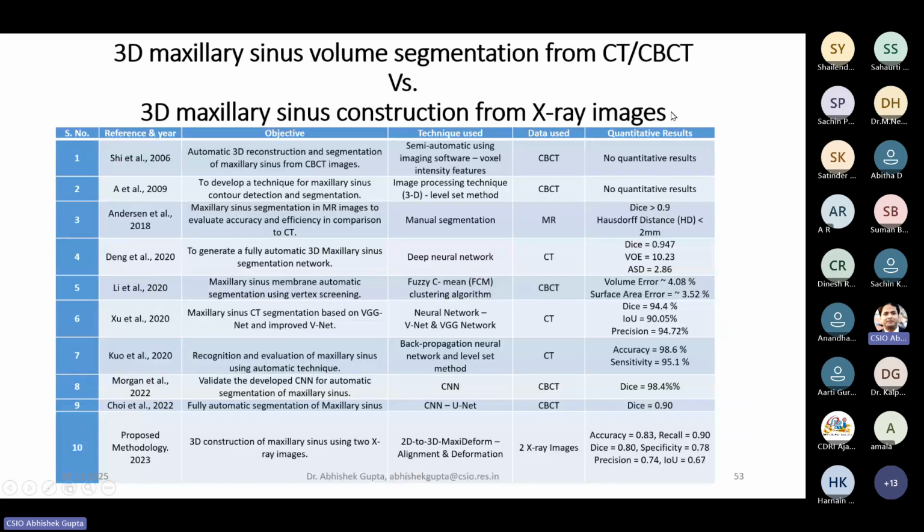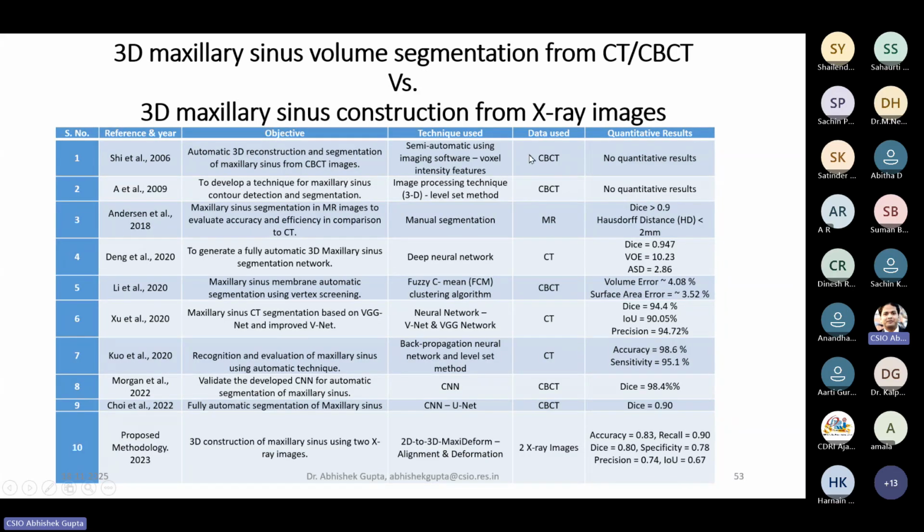Now, after performing this experiment, the challenge was how to compare. That was the first experiment we did on the maxillary sinus, and that area is very difficult, so how to show the significance of the work? What we have done is compare our work with simple segmentation work.